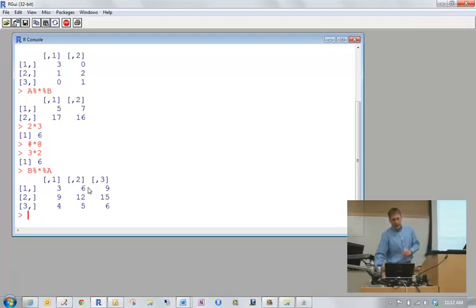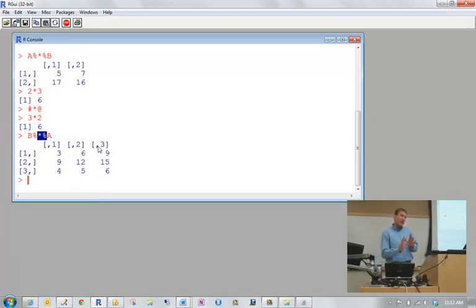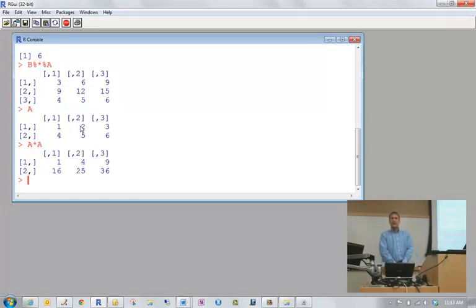Now you might be wondering here, why can't you just simply specify an asterisk to mean multiplication? Here's why. An asterisk in R means actually something a little bit different when you're working with matrices. So if I were to do A asterisk A, let me just actually show you A again. A asterisk A, look what happens.